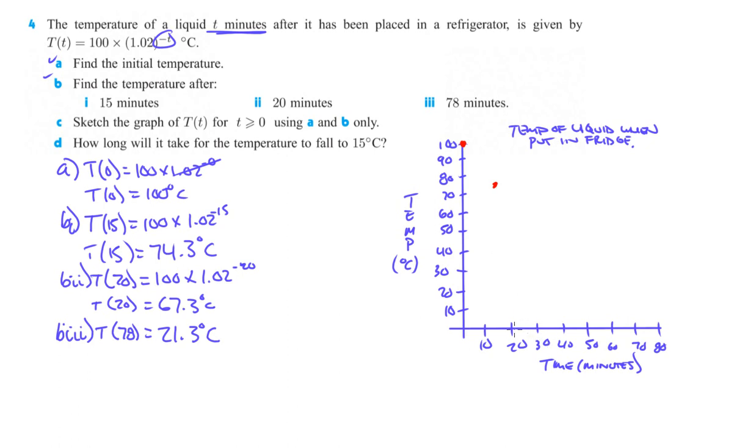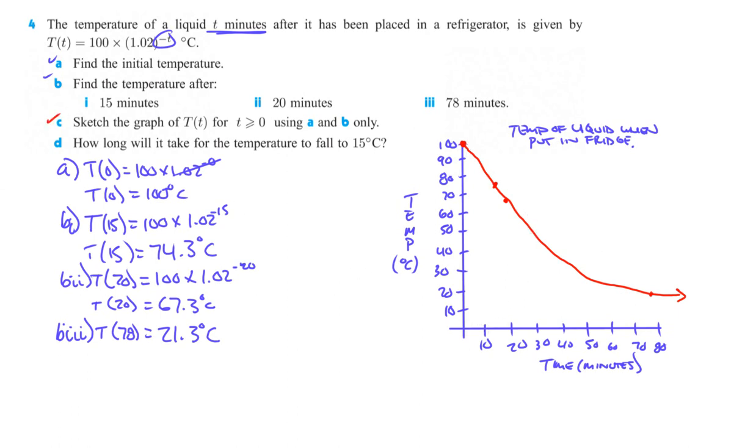At 20 it was 67.3 here. And then at 78, which is way over here, it's 21.3. So it looks like it's going to go down, and then it's just going to flatten out here, right? We don't know exactly where, but it's going to look something kind of like that, isn't it?